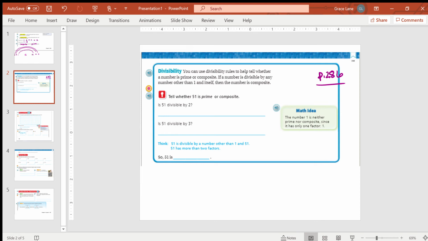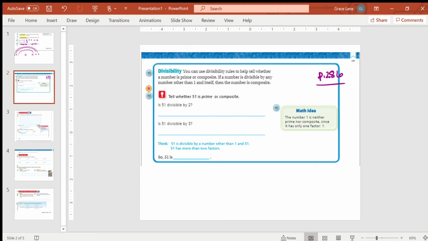So on this example, we're looking at the number 51. Is 51 prime or composite? Just off the top of my head, I can't think of any basic facts that equal 51. And so if you look on page 286, the divisibility rules, this is a quick check.